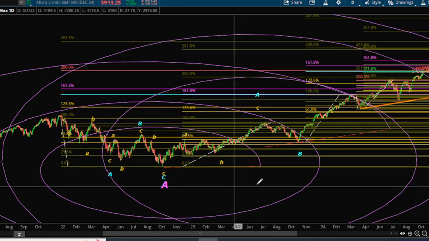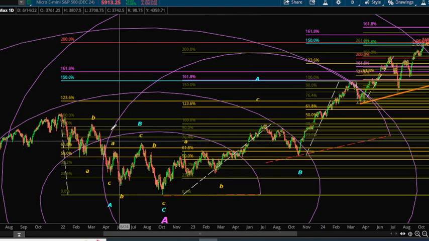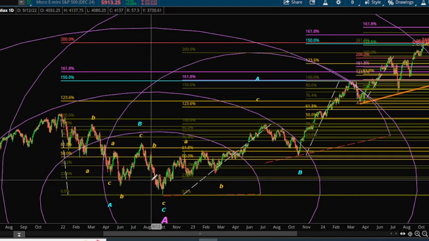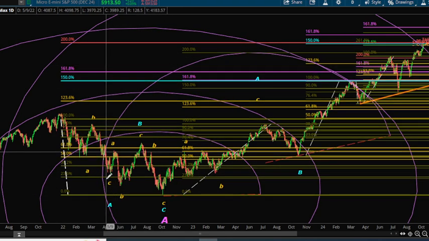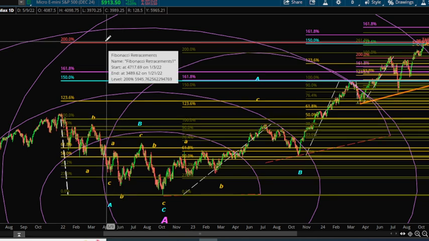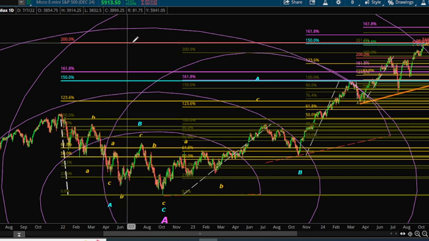Now, like I said, this is the most important wave to measure. Alright, so we're going to track that, and I color indicated the 200% in red to let us know that these are 200% fibs.